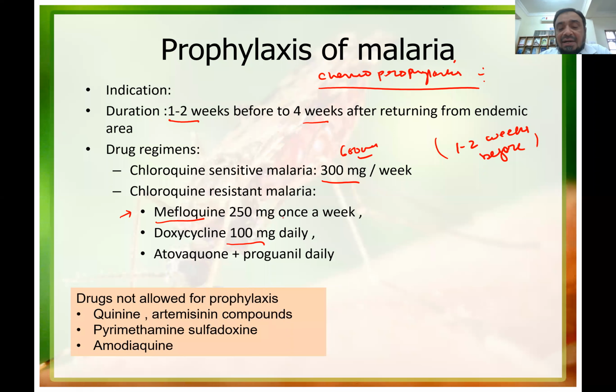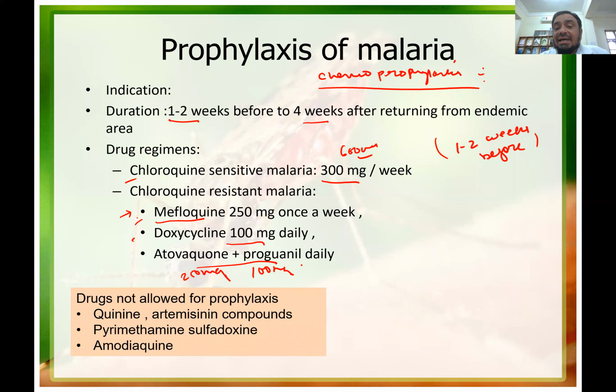Doxycycline is given 100 milligram daily, and atovaquone-proguanil is given daily, that is 250 milligram atovaquone and 100 milligram proguanil. Also clindamycin is used by some in cases of resistant malaria, okay, but these are the most important regimens. First is chloroquine, second is mefloquine, and third is doxycycline.